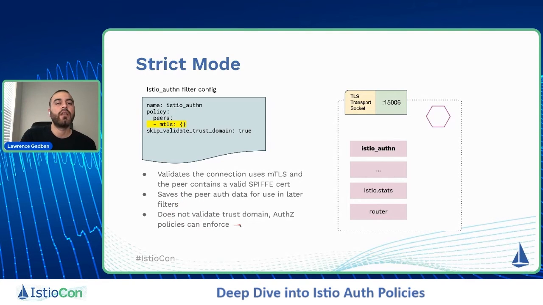Just for completeness, I'll call out that it does not validate the trust domain. You can see that in the config, skip validate trust domain is set to true. This is mainly used when you're using multi-cluster, which is outside the scope of what we're talking about today. But if you do want to do some sort of validation of the trust domain, one of the options you have is using authorization policies directly to do that.